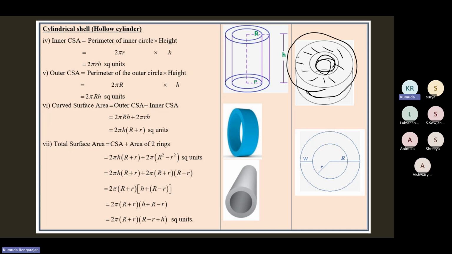And similar to this, there'll be a ring below. You should paint that also. So there are 4 different surfaces to be painted if you have a cylindrical pipe which is open at both the ends.